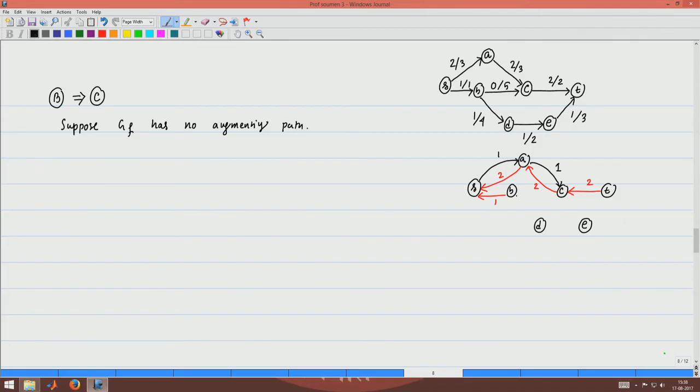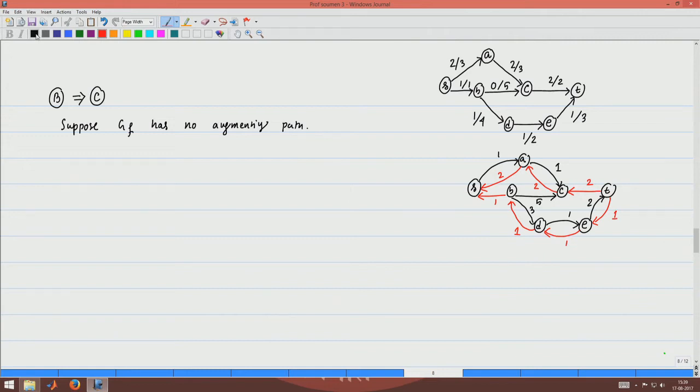Then B to C you have a forward edge of capacity 5, B to D a forward edge of capacity 3 and a backward edge of capacity 1, then forward edge capacity 1, backward edge capacity 1, forward edge capacity 2, backward edge capacity 1.